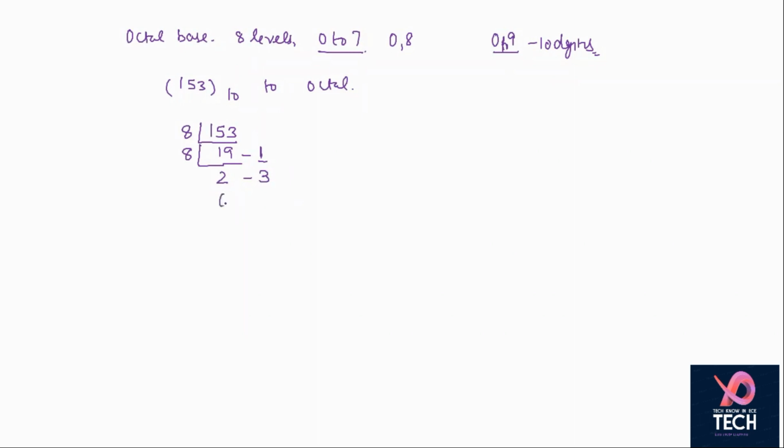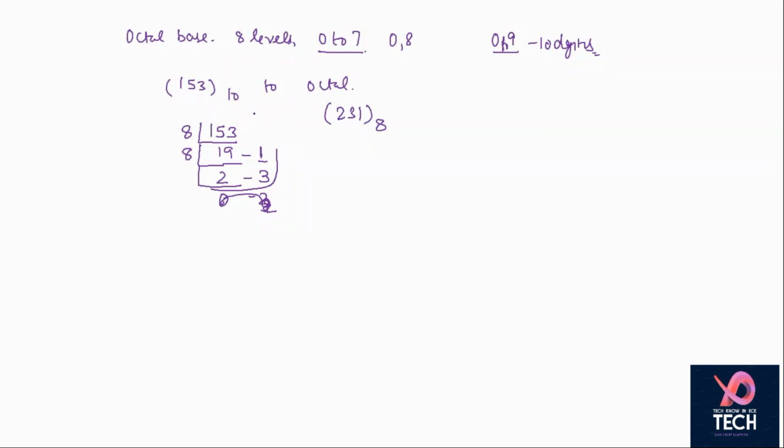Then 0, then remainder is 2. So yeah, or otherwise you can directly write 231 into 8. So this is your octal equivalent of this decimal number.